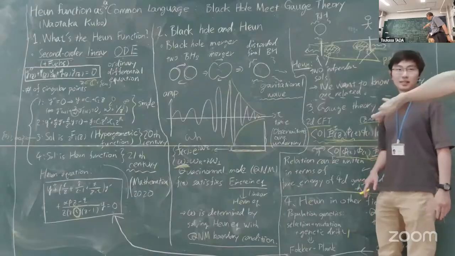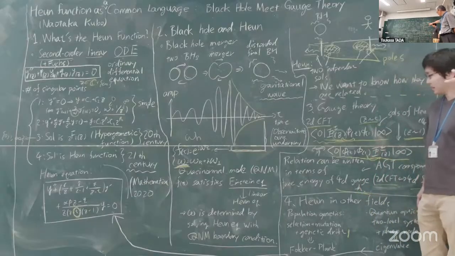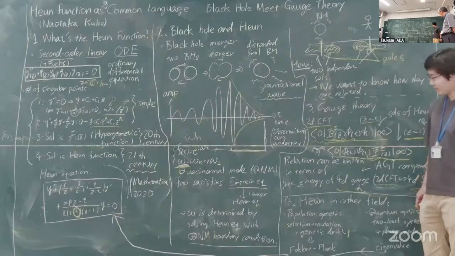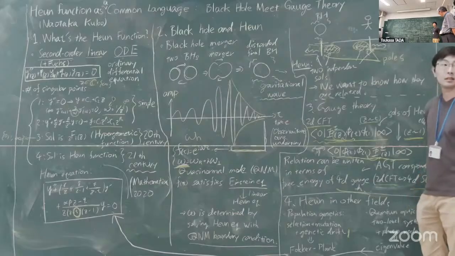This Heun equation appears as a linearized Einstein equation around the Kerr black hole, with angular momentum, or without it. Even if the black hole has angular momentum, we have this Heun equation.